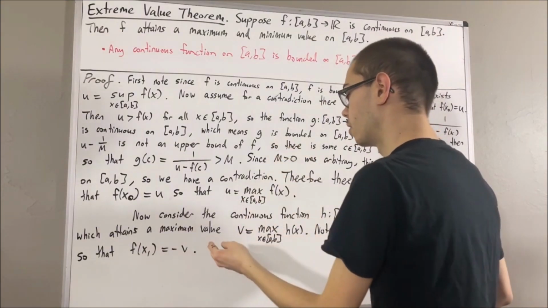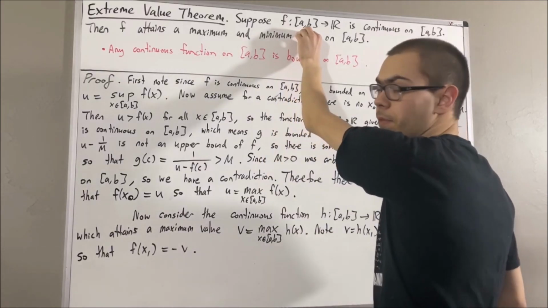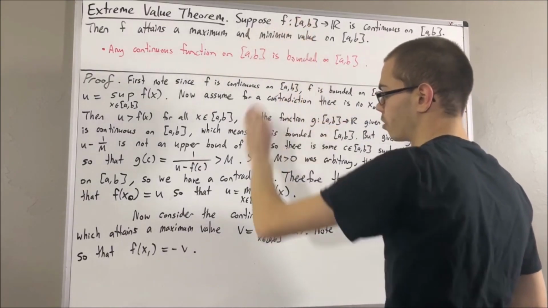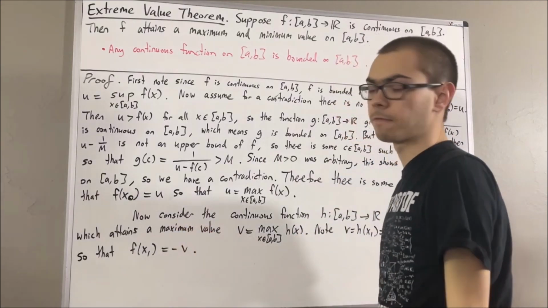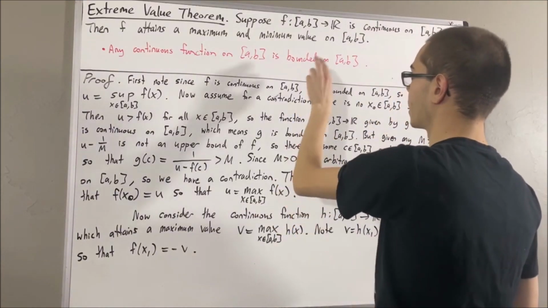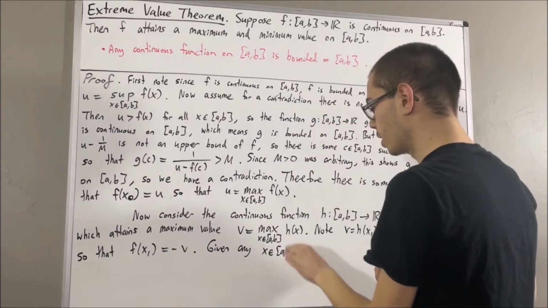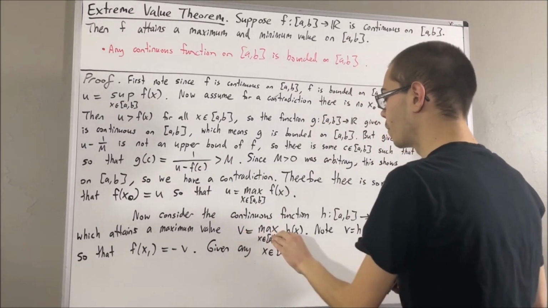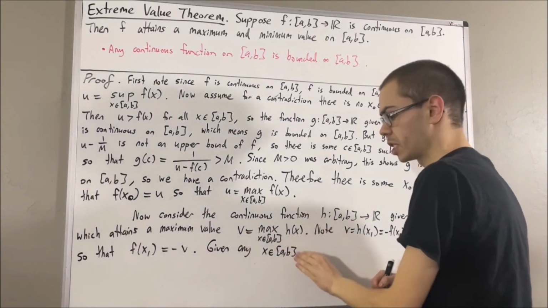And to show that, all we got to do is show that for every element x in the domain of f, f of x is greater than or equal to negative v. That will tell us negative v is the smallest output value of f. So, if we give ourselves an arbitrary element x in a, b, well then, since v is the maximum value for h, v is greater than or equal to every output value of h.